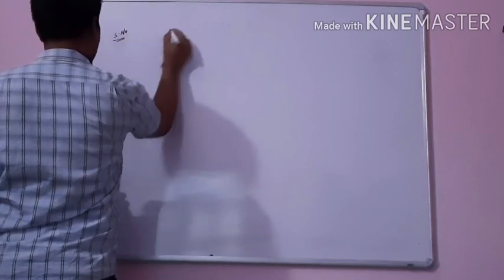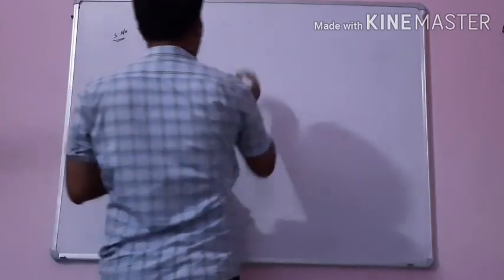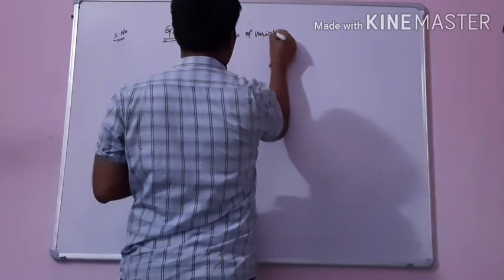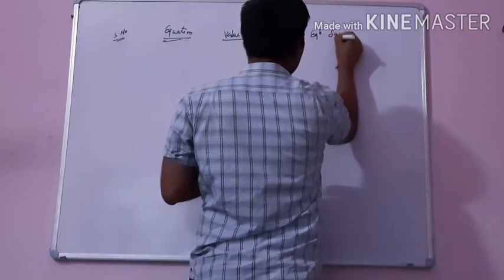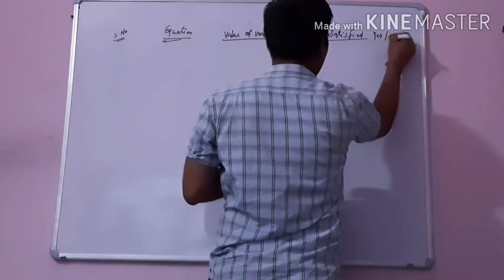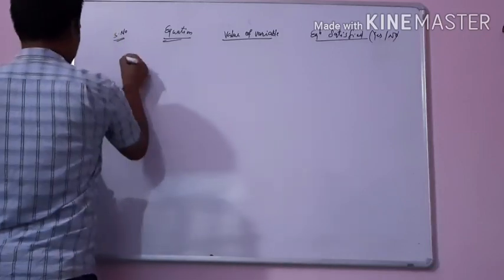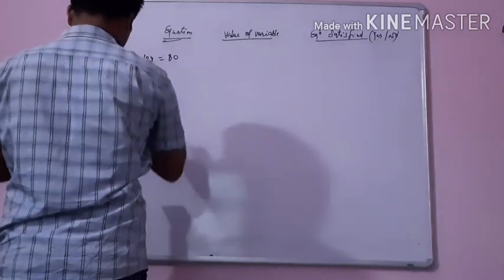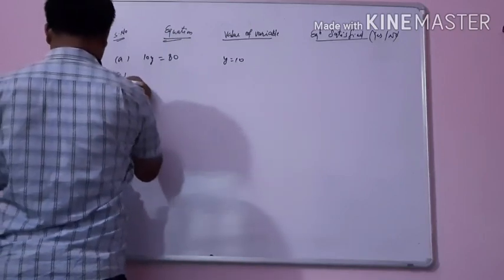Serial number, equation, value of variable, equation satisfied, yes or no. A, 10y equals 80, y equals 10.